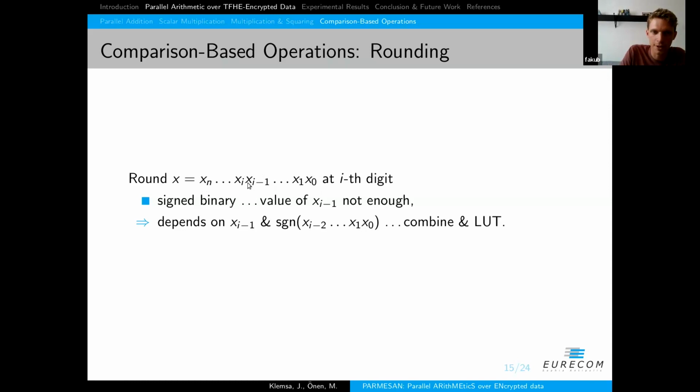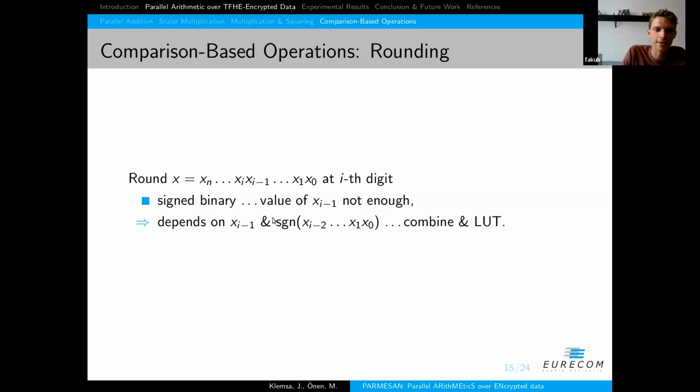We want zeros here and round this. In standard binary, it would be sufficient to take this value and add it here. If this is 0, then it adds 0 and rounds down. If this is 1, it adds 1 and it rounds up, which makes it correct rounding.